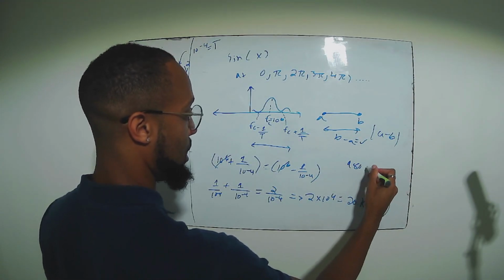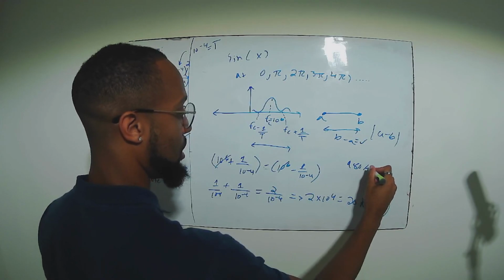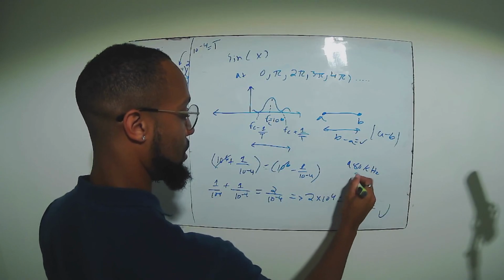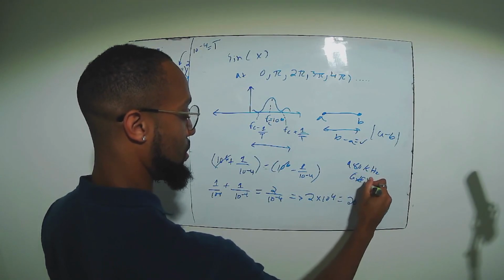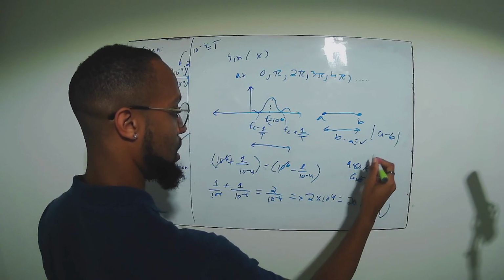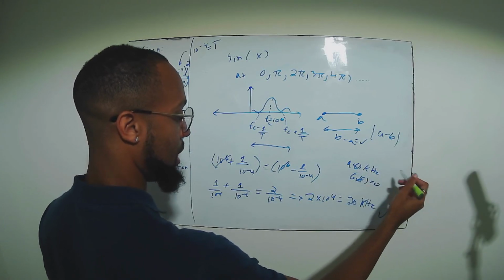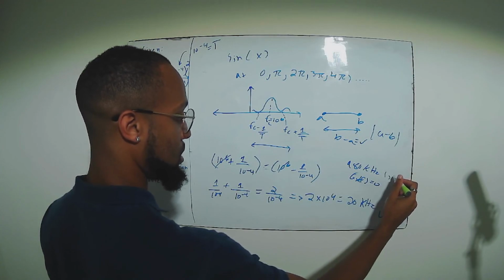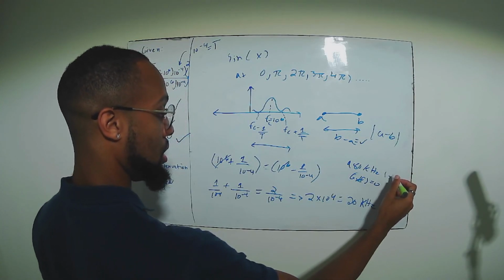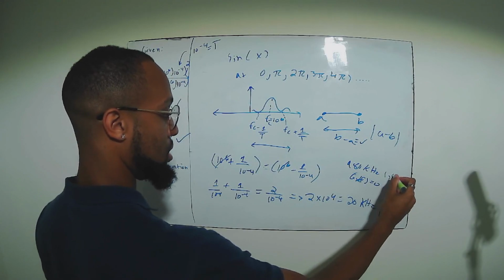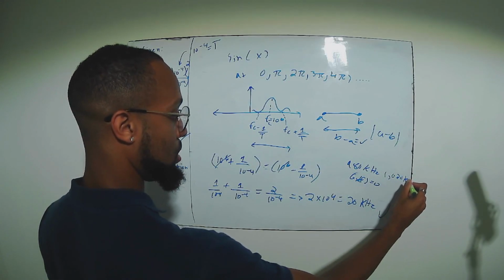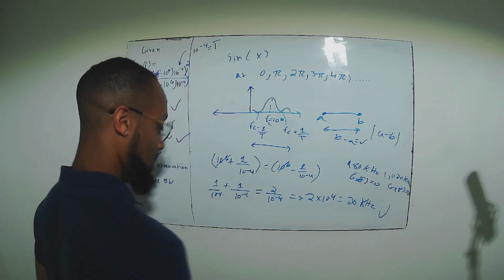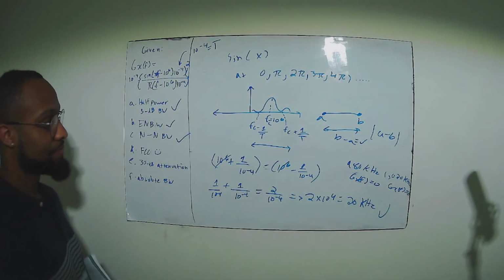So at 980 kilohertz, the power, G_X of f, equals 0. And then 20 above that, you get 1020 kilohertz. The power again is 0. It's just the nature of the function.